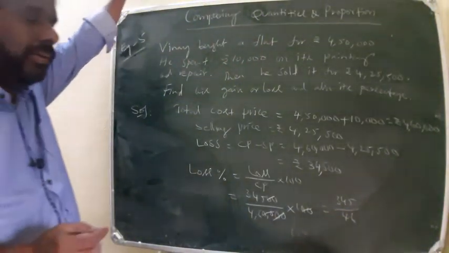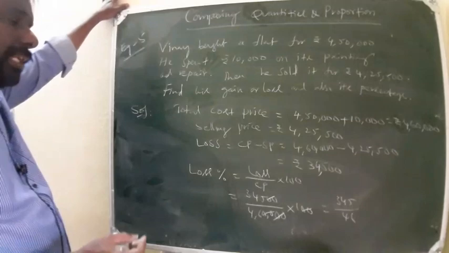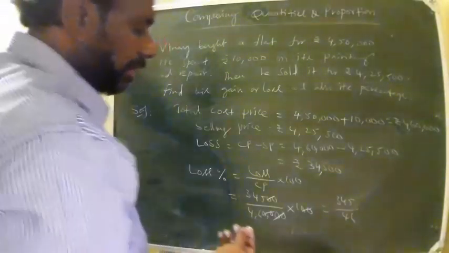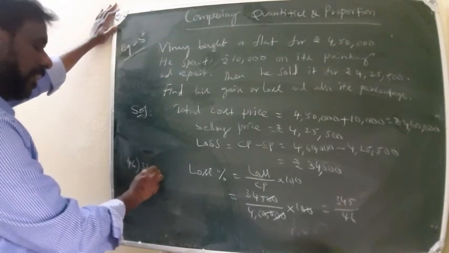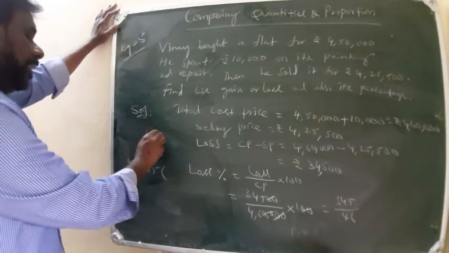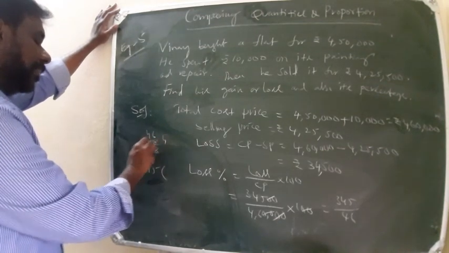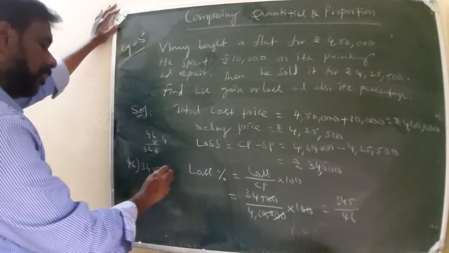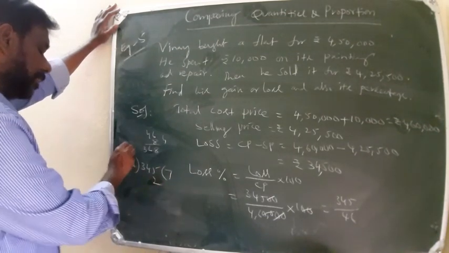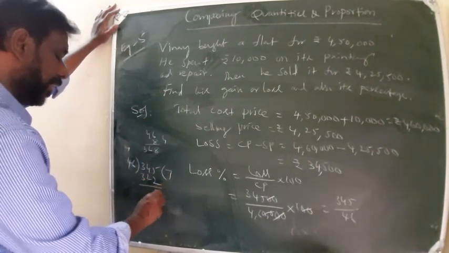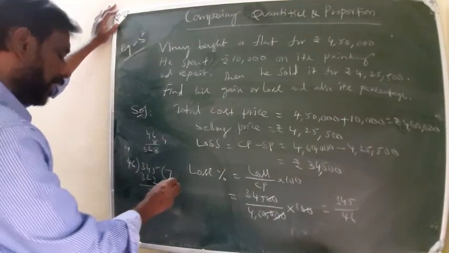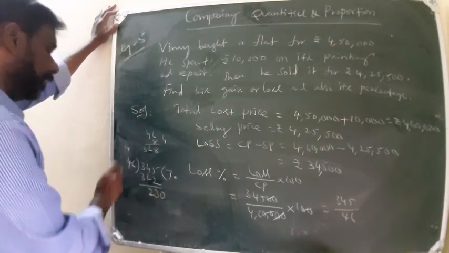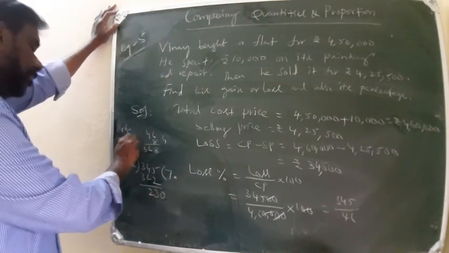345 by 46. Which table will it go? No table it will go, I think. So directly you can divide 345 by 46.